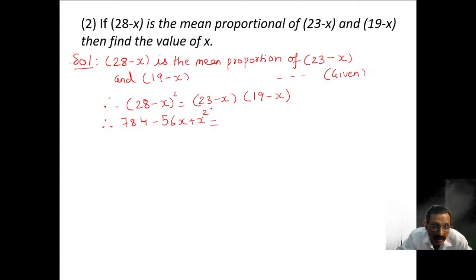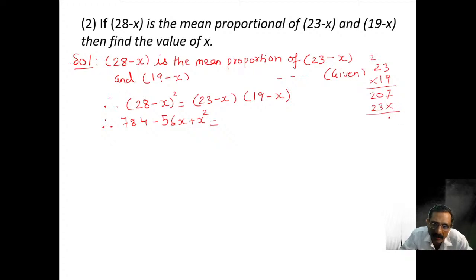So what I will get is 23 into 19. We can see in the rough work what 23 into 19 gives me. 9 threes are 27, 9 twos are 18, and 2 gives me 20.